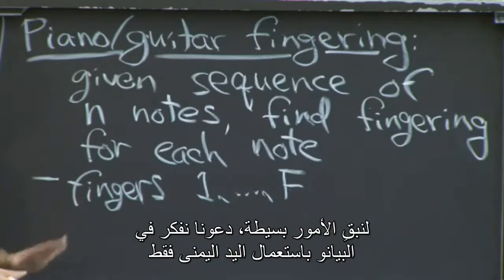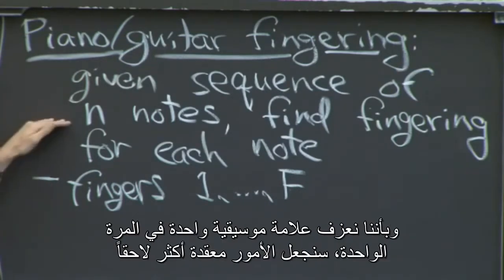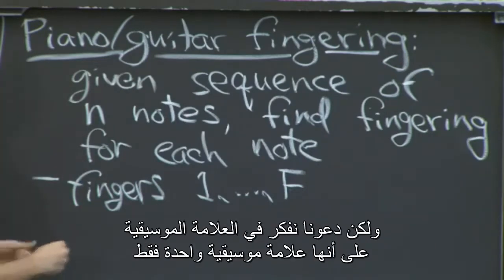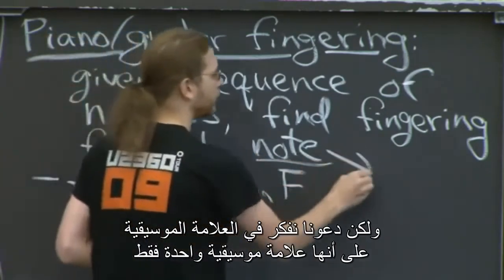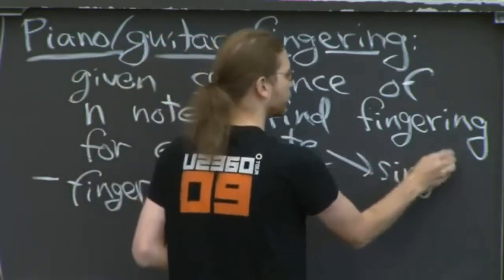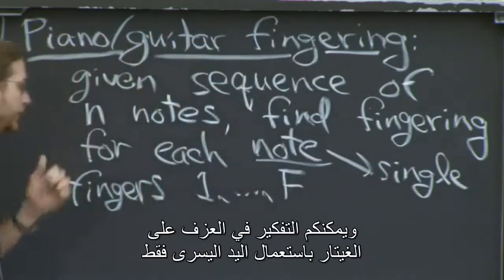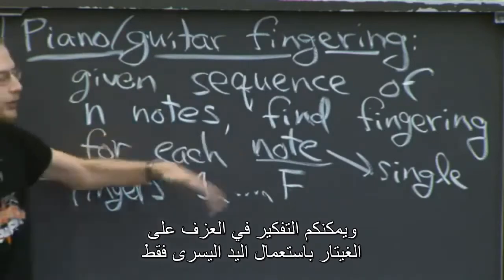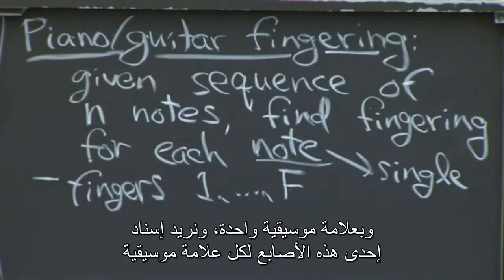To keep it simple, let's think about piano, right hand only, and you're playing one note at a time. We're going to make it more complicated later, but let's just think of a note as being a single note. Or you can think of guitar, single note, left hand playing.